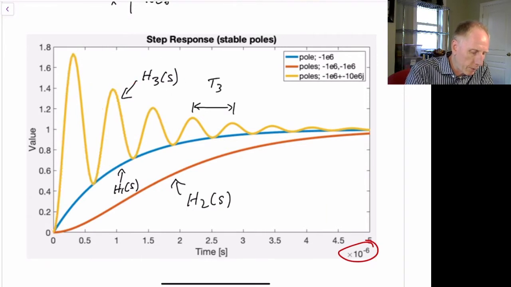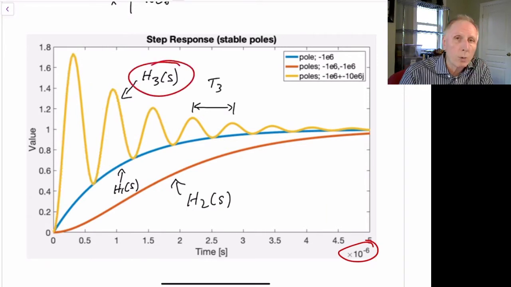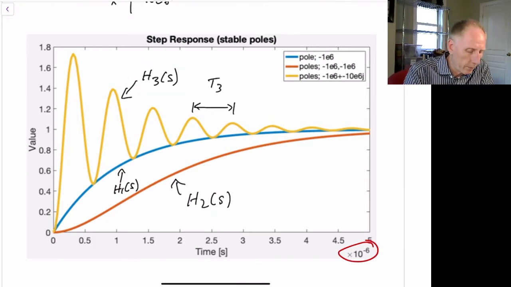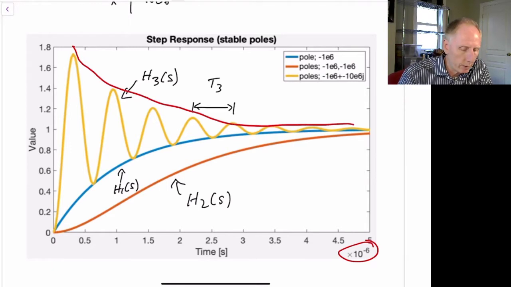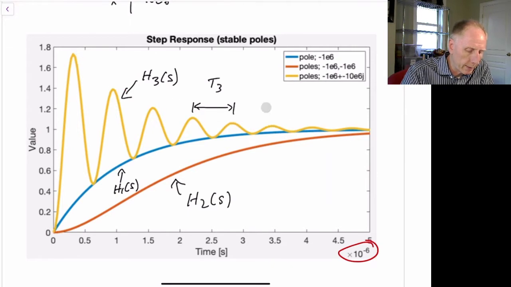And that has a step response that looks something like this. So you can see that the step response for this last one is ringing quite a bit. And that's because it has a very large complex part relative to its real part. So it has a lot of ringing in this case. So it's stable. How do we know it's stable? If we look at the amplitude of its ringing, it's just decaying down towards 0. So it's settling out.